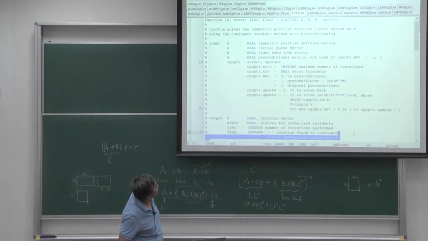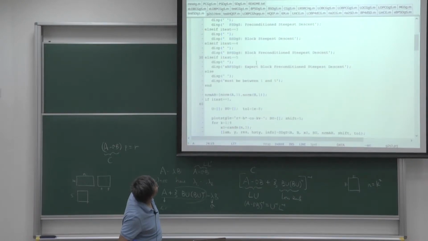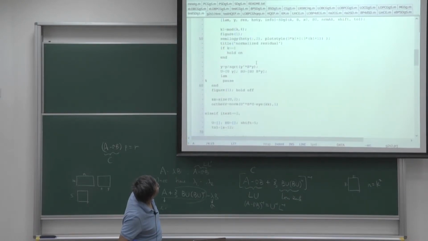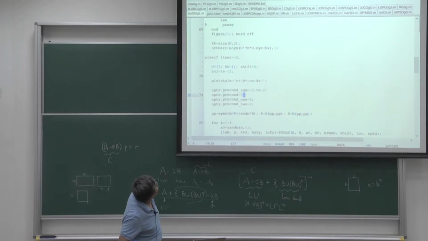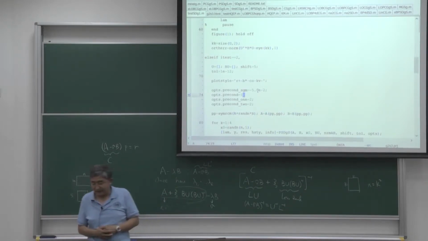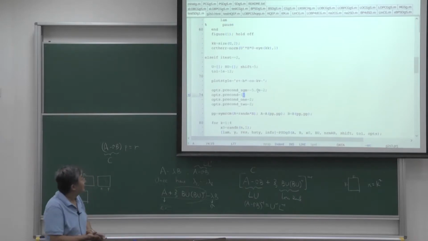Now, if you look at this driver routine for test 2, it passes the shift. So here I pick the shift, I know roughly what the eigenvalue is, so I pick a shift of -5 times 10 to the minus 2.